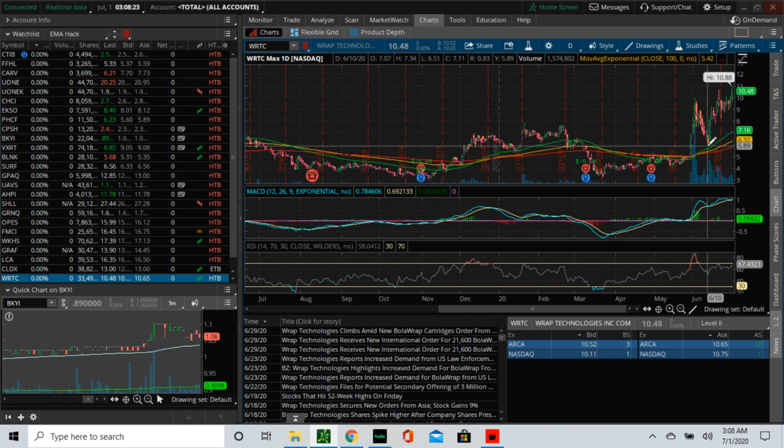So it found that support right here at this 580 area, and then didn't go any lower. So if you're looking to buy at the 200 EMA, looking at the previous support will help identify where the stock will go if it comes down to the 200 EMA.